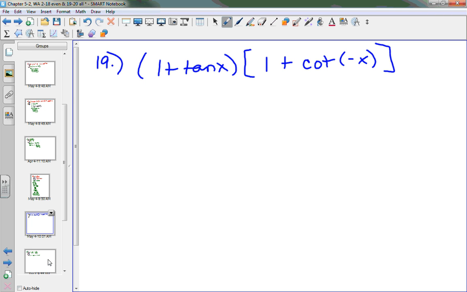The negative cotangent of negative x is ugly, right? Why are we making that negative cotangent of x? The cotangent of negative x is the same thing as minus the cotangent of x. The cotangent of negative x is equivalent to negative cotangent of x on page 340.